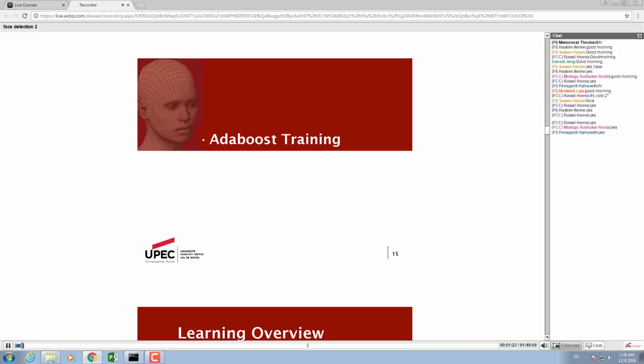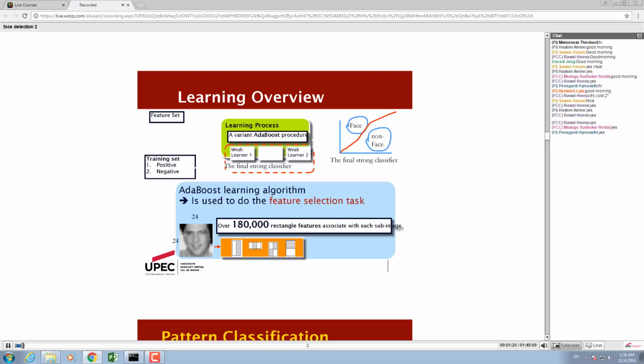Okay. So then let me ask you a question. If you remember from last class, what is the main purpose of AdaBoost training in this algorithm? What is the core and main purpose?